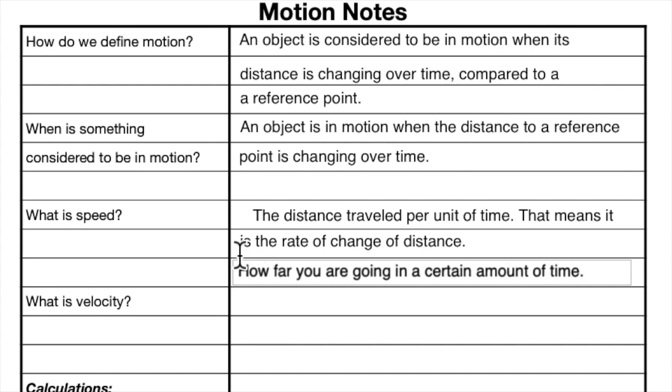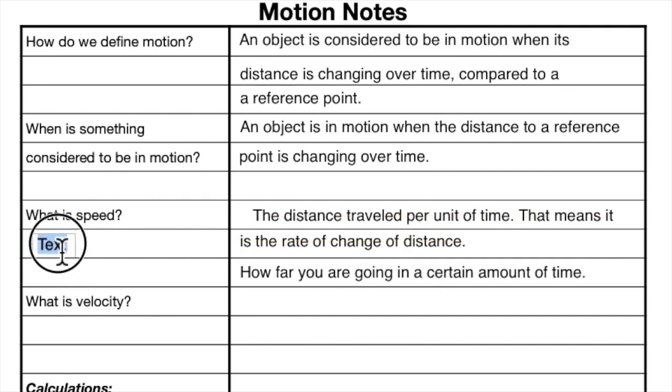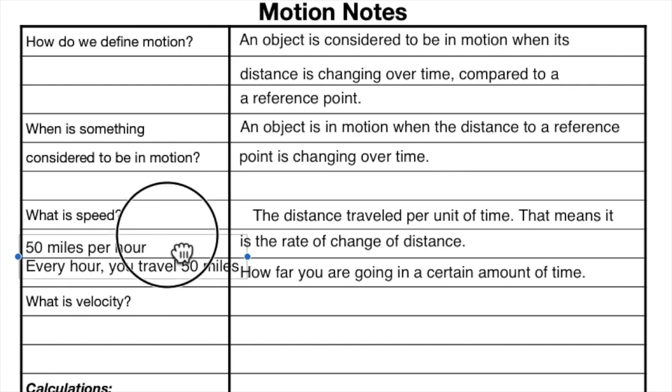I'll give you, for instance, the classic example of 50 miles per hour, right? 50 miles per hour means that every hour you travel 50 miles. That's pretty obvious to some kids, but when you start to think about it, it gets really cool. So speed is how far you are going per unit of time. It's your rate of change of distance.